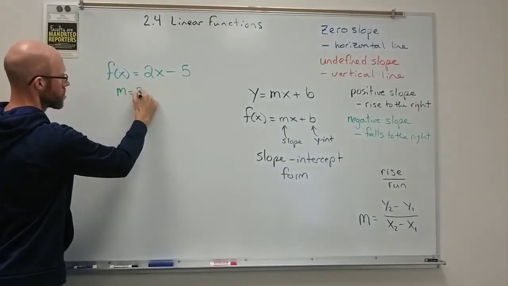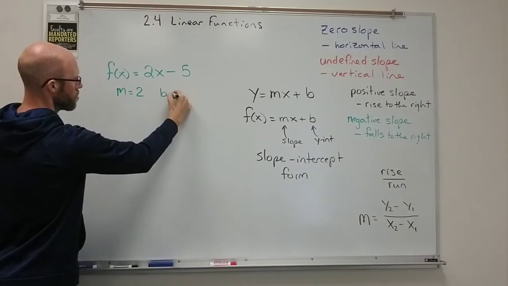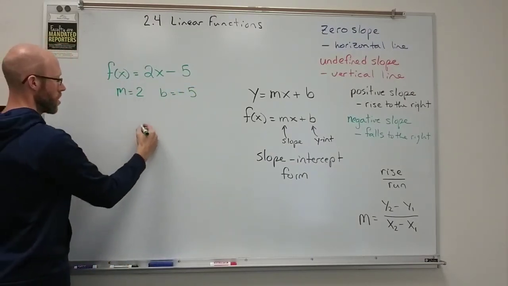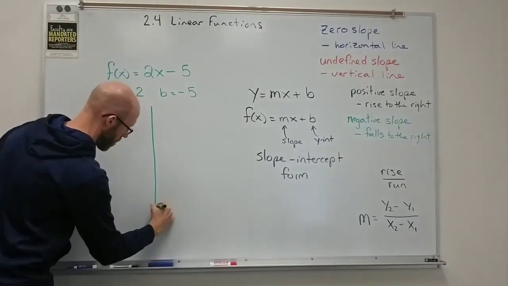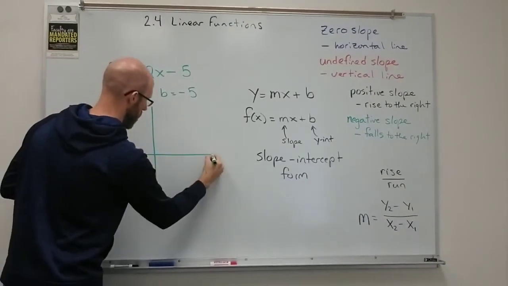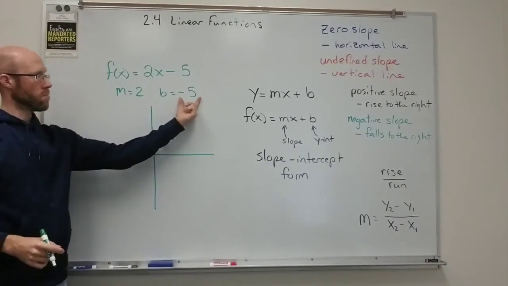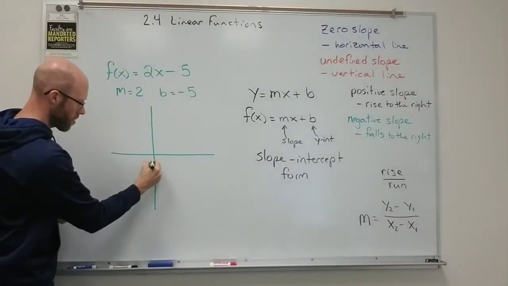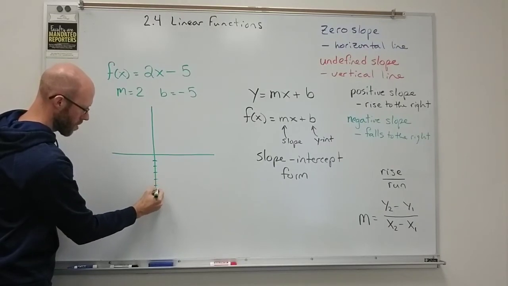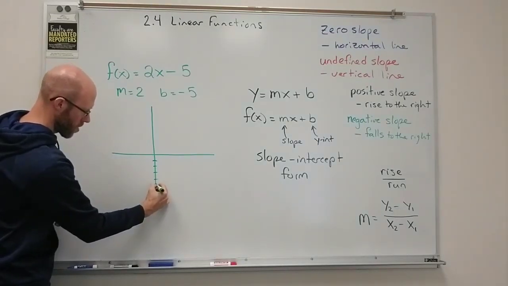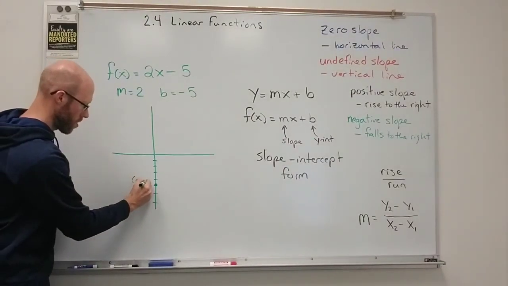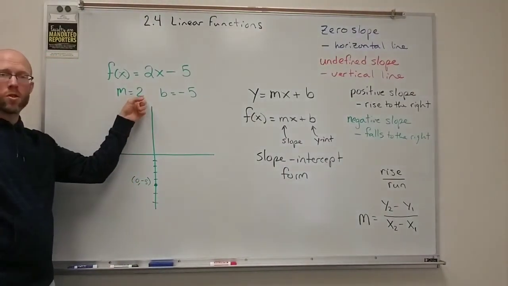So m is 2, b is negative 5, and so on a graph, I know immediately that my line goes through the point 0, negative 5. And it has a slope of 2.